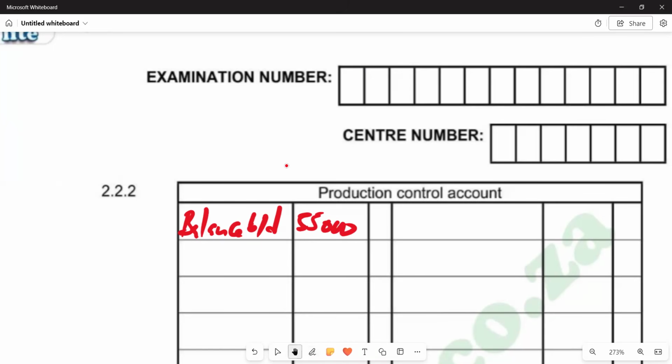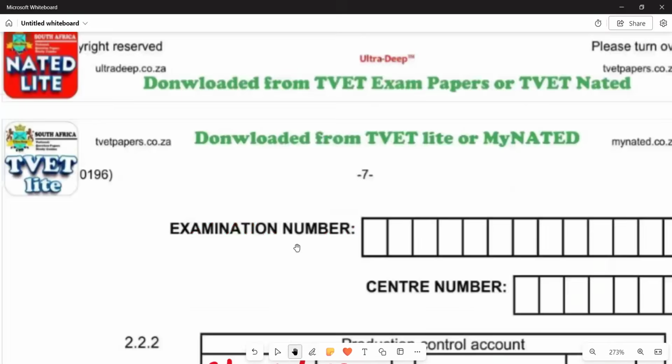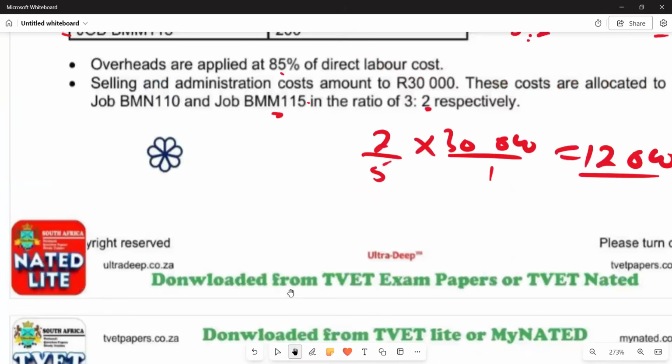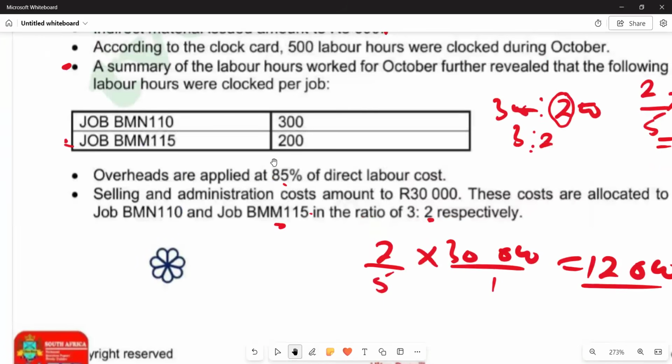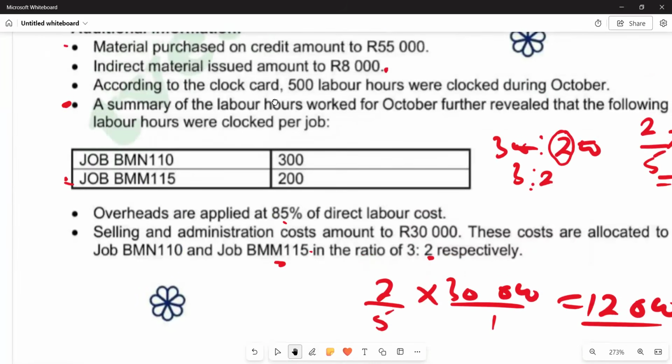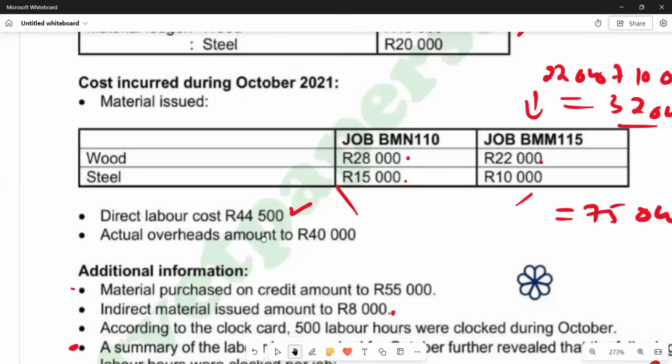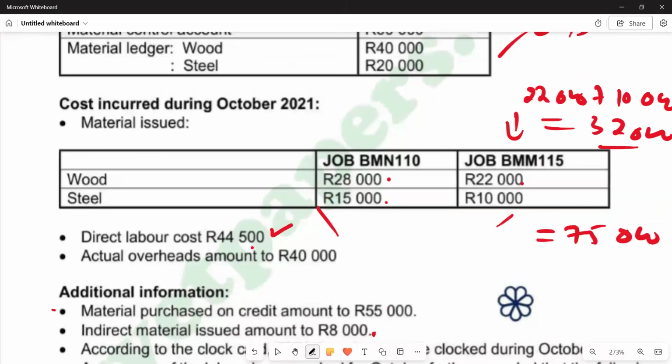Right. Then after that, we are supposed also to look at the figure for material control. I think we've already calculated that one, and it should come on the debit side. If you come here, you'd see that the figure for material control, we've calculated it, and we added there and you get 75,000. This is the material.